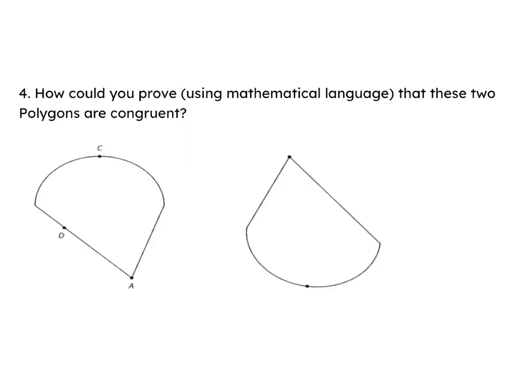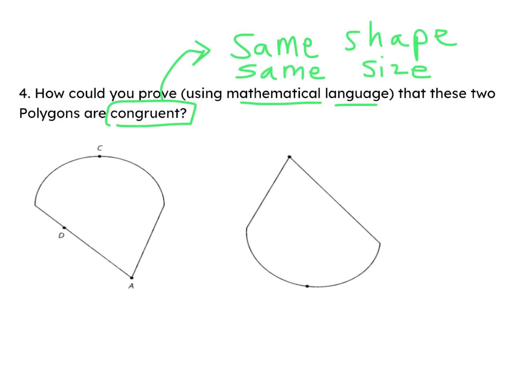Question 4. How could you prove using mathematical language that these 2 polygons are congruent? The word congruent means the same shape and the same size. So by looking at the 2 polygons, it does appear that they are the same shape and the same size, but we have to use mathematical language.